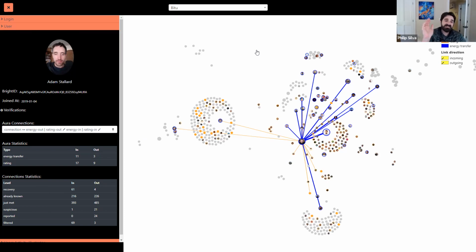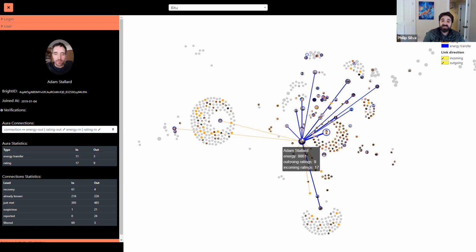Yeah. So this is the Aura graph as of like a week ago. And I would say like a month ago. Maybe it broke before I was aware. Anyway, this is the Aura graph, and I can see right here, Adam has rated, back then, hopefully he's done more now, at that point he rated 9 people. 17 people had actually rated him.